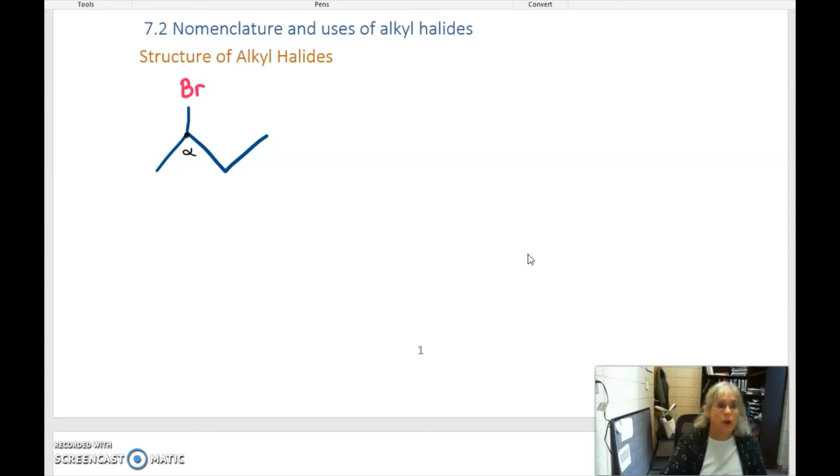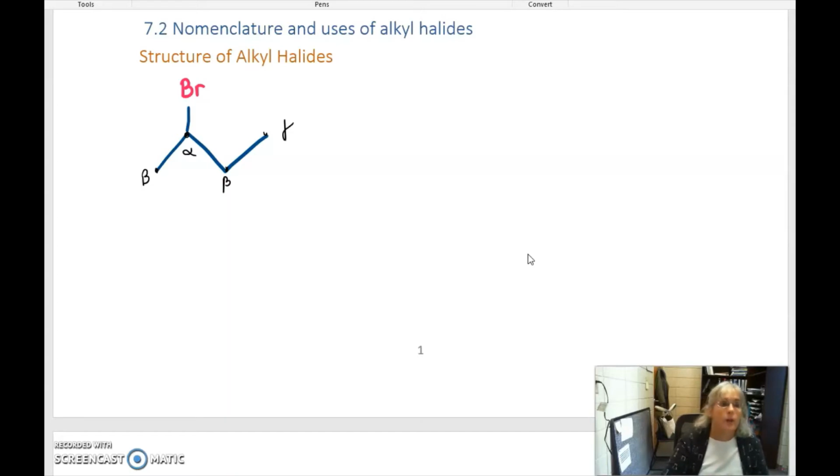The carbon that's one away is our beta carbon, and we have two of those in this particular drawing. And then this carbon that's 3 carbons away is our gamma. So we'll talk about an alpha hydrogen or a beta hydrogen. We're talking about the hydrogens that are coming off this alpha site or one that's coming off this beta site.